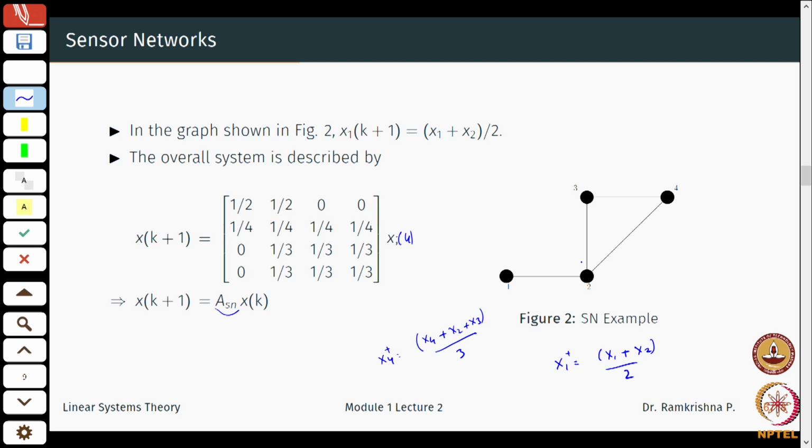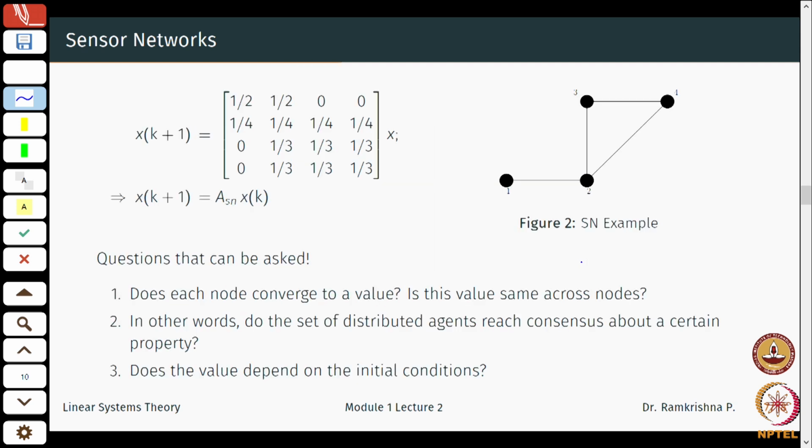Okay. Now, what after this? What am I interested in? Does each node converge to a value? Is the value the same across all nodes? What does that mean? Do the set of agents reach a consensus about a certain property, about a temperature or humidity, or maybe in some sense even in social dynamics, say opinion building?